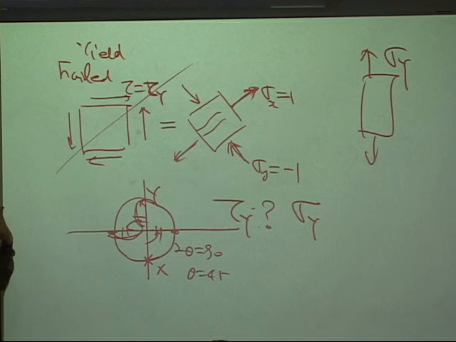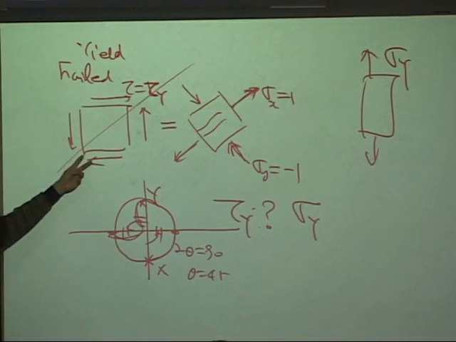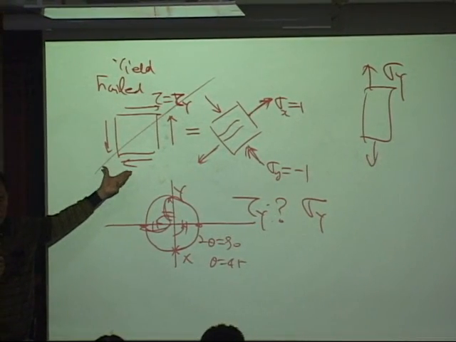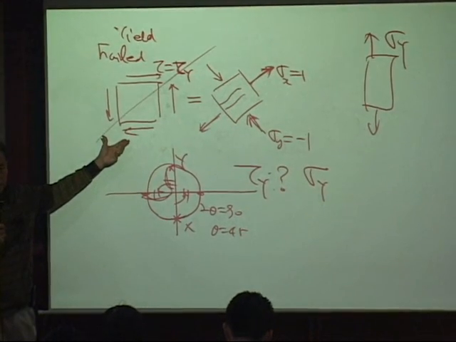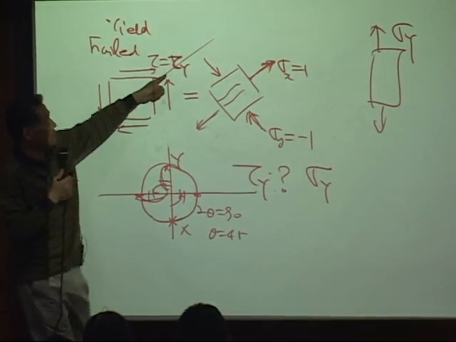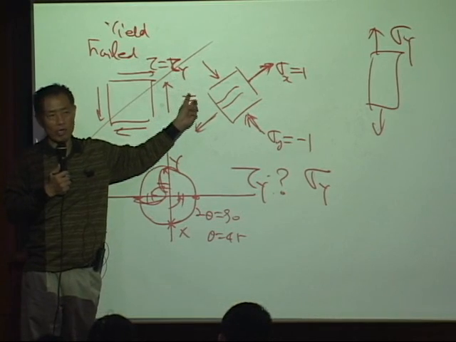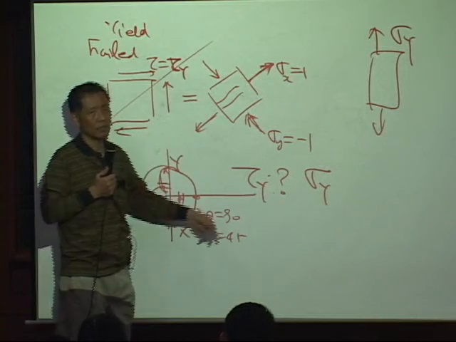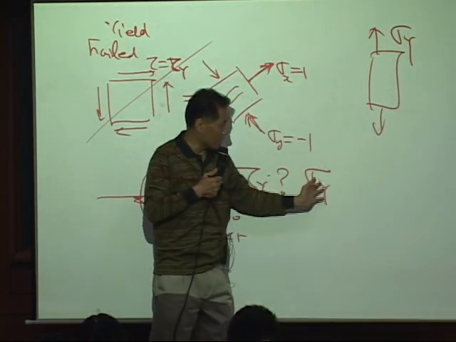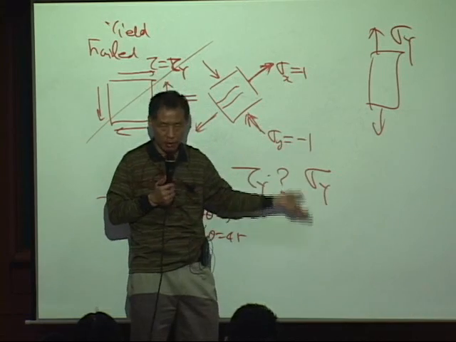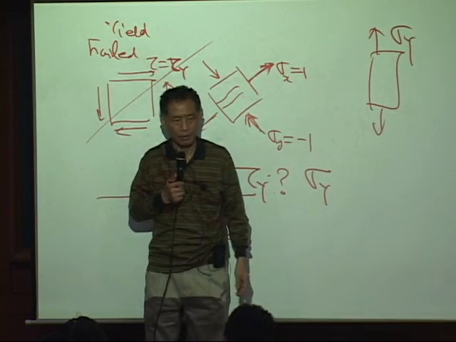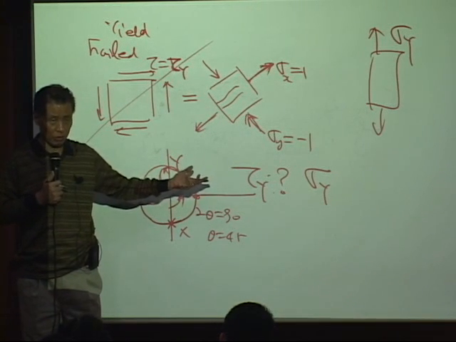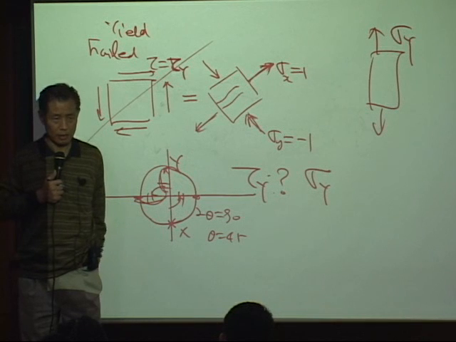Do you understand my question? We apply just pure shear until the material fails, which is called tau yield. How does this tau yield relate to sigma yield, which is the tensile yield strength? How do we calculate this?